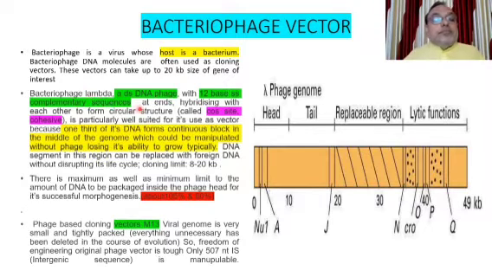Another important characteristic of lambda phage is the 12 bases single-stranded sequence at the ends. So lambda phages have single-stranded sequences.